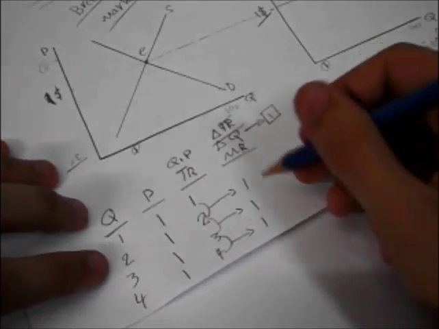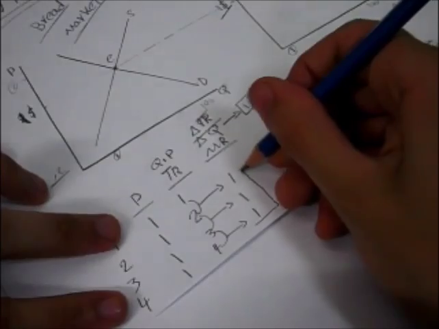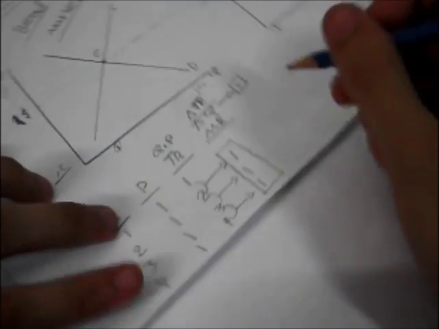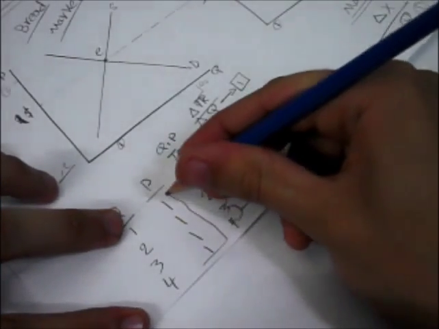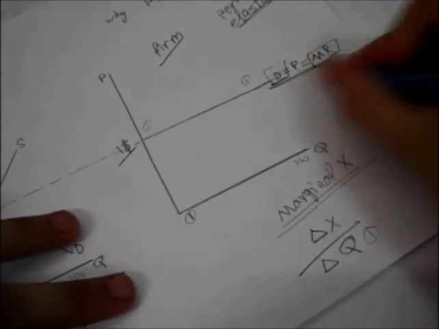So it's a constant amount. Now we have an interesting thing, which is that the marginal revenues is exactly the same as price. That's why we have those three equal each other.